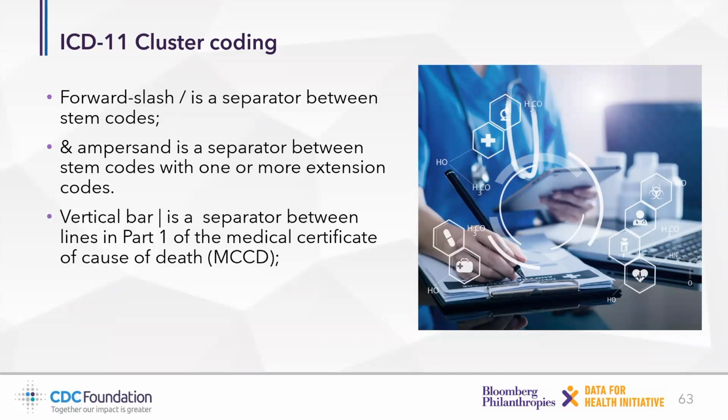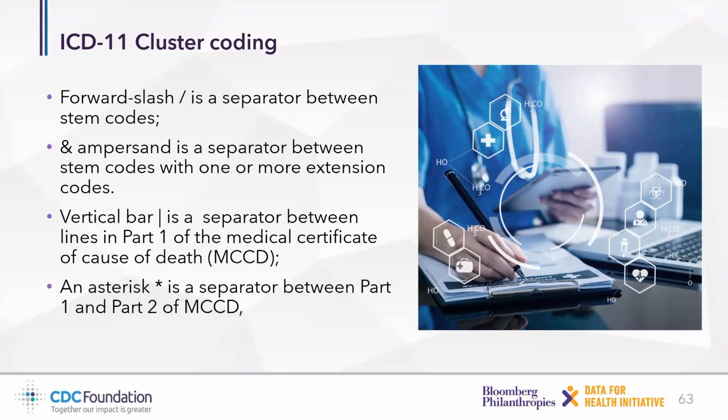In a medical certificate of cause of death, the vertical bar is a separator between lines in part 1 of the certificate. In part 1, the separator between lines is the vertical bar. An asterisk is a separator between part 1 and part 2 of the medical certificate of cause of death.